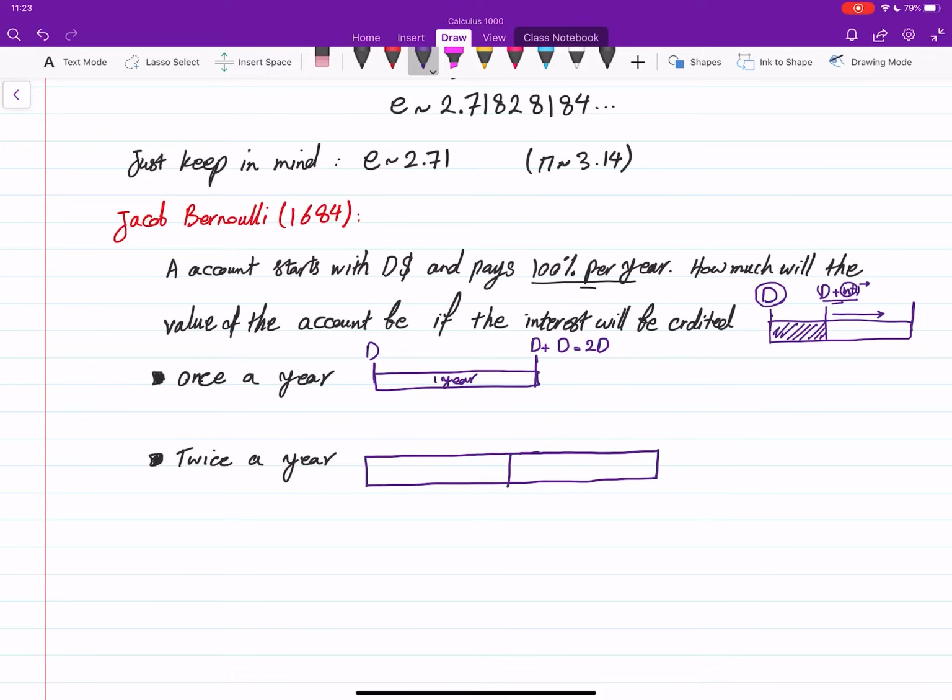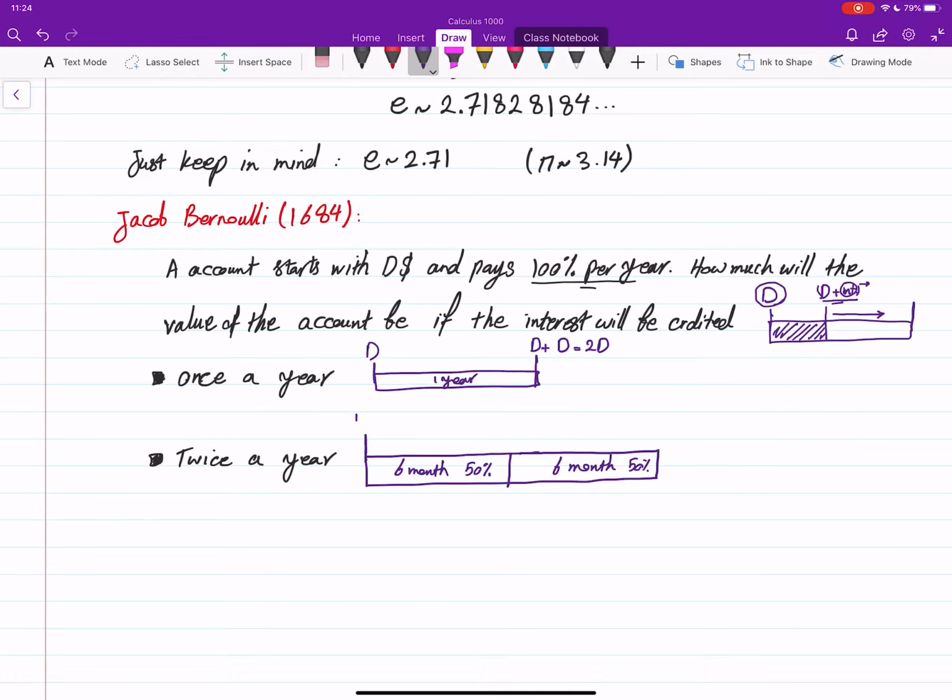So it will be 6 months here, and then the second 6 months. What will happen? The interest is 100% per year. So for each 6 months, we will have a 50% interest rate. So what does that mean?